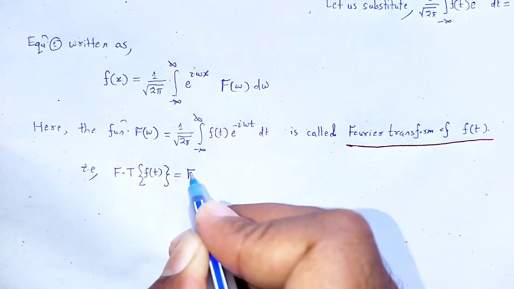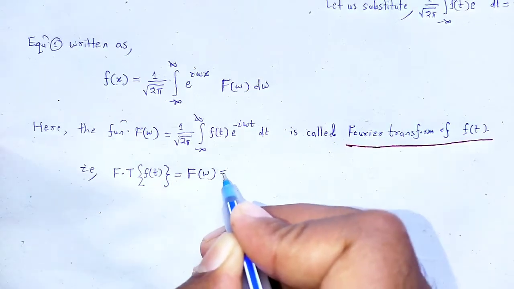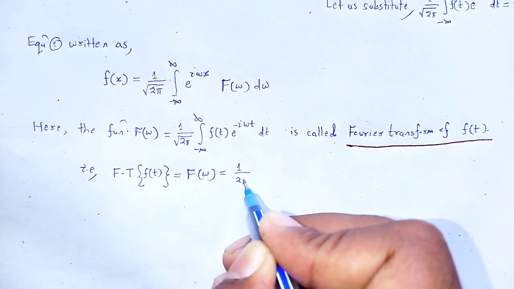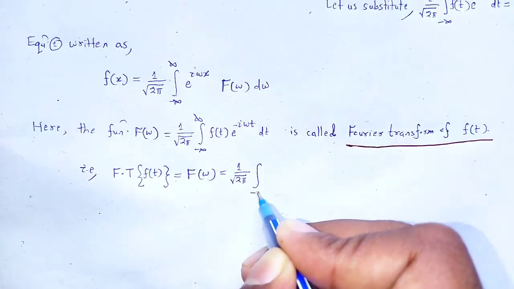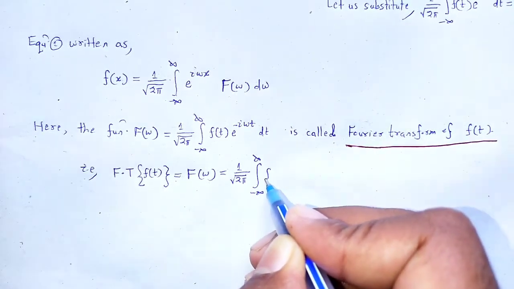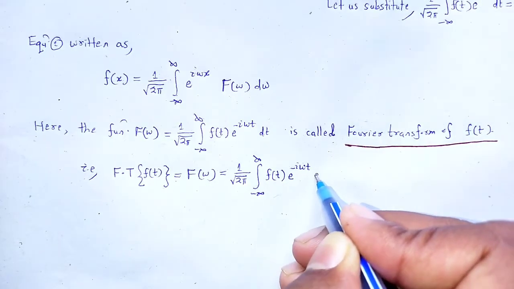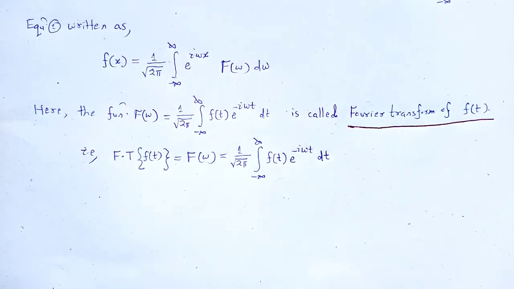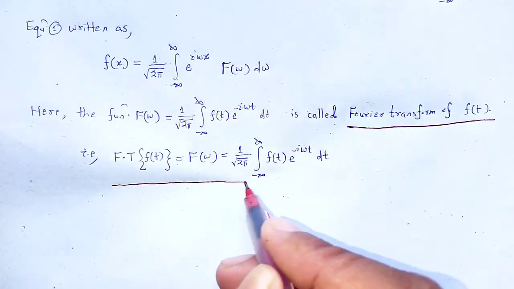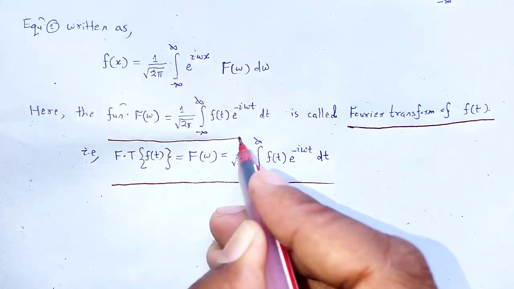The Fourier transform of the function f of t is equal to F of omega, which is equal to 1 by under root of 2 pi integration over minus infinity to plus infinity f of t e to the power minus i omega t dt.